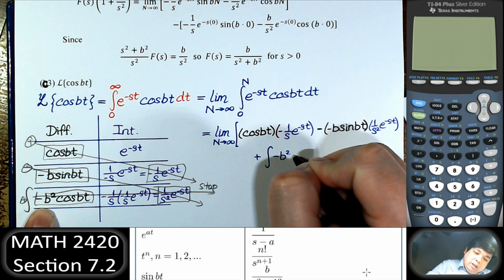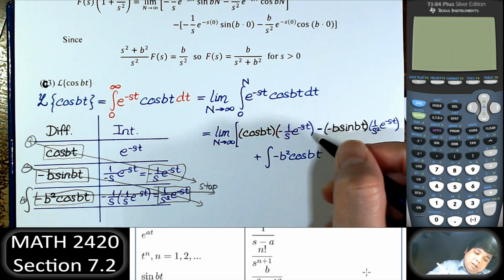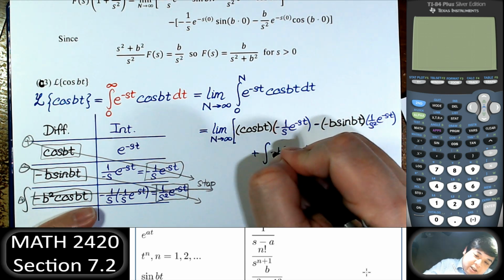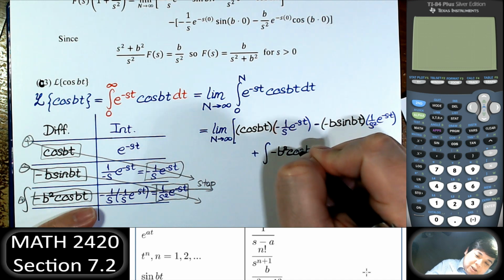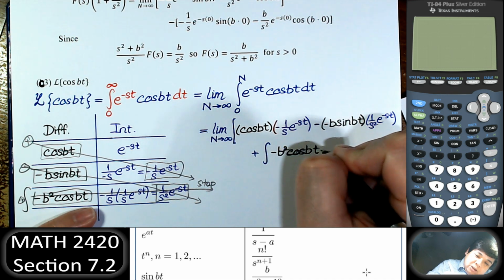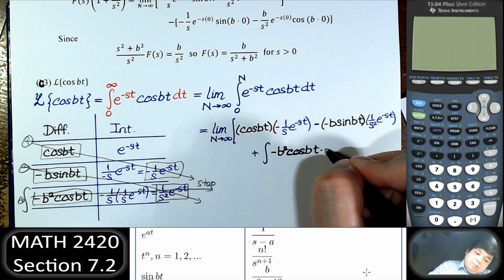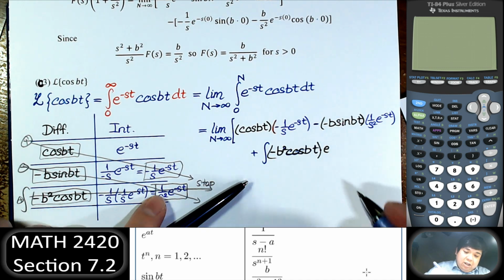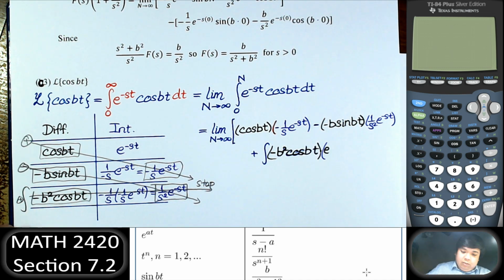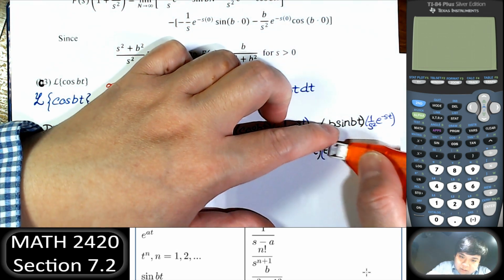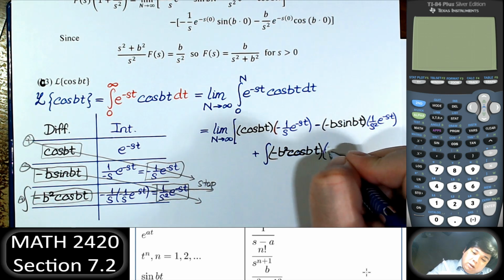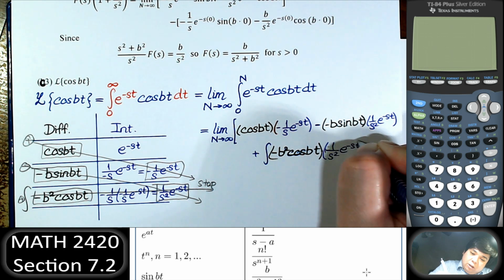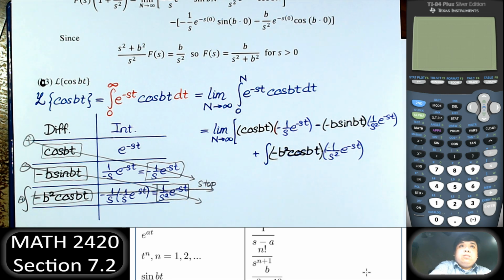Negative b squared cosine bt, multiplying e to negative st, multiply that term dt.